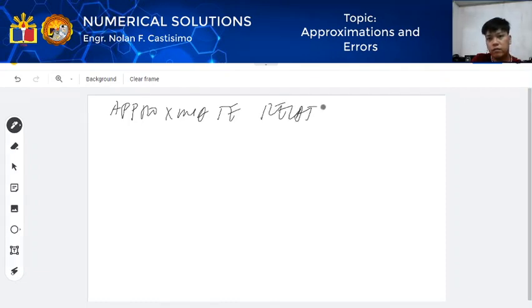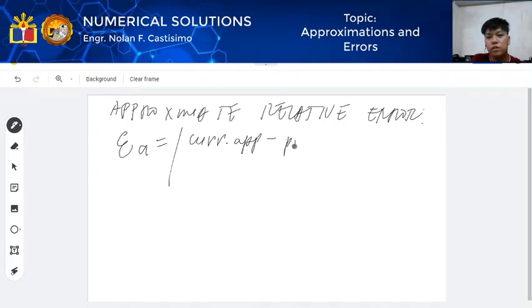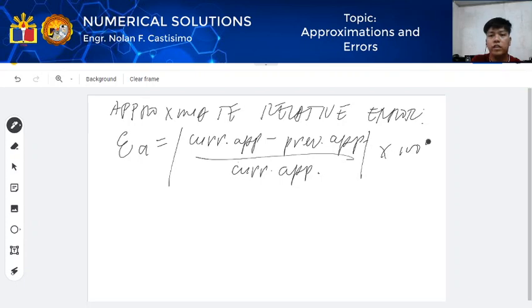Okay? Next, paano naman makukuha yung approximate relative error? Relative error. Paano makukuha yan? Ano yung solution natin? Formula, approximate relative error is equivalent to current approximation minus previous approximation divided by current approximation times 100. Okay, percent.